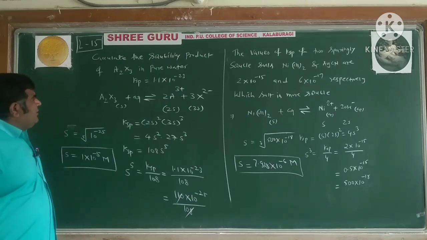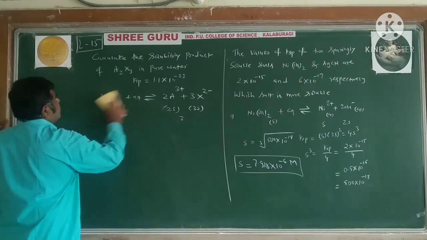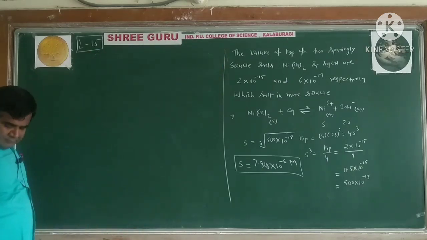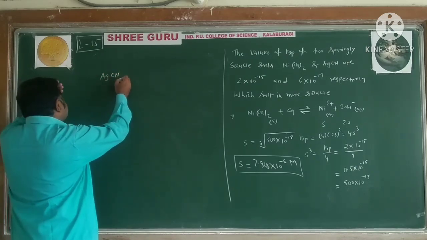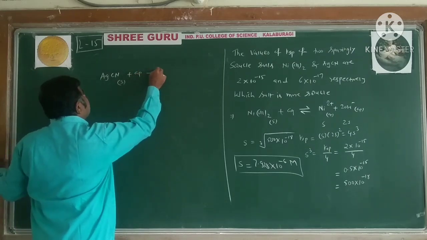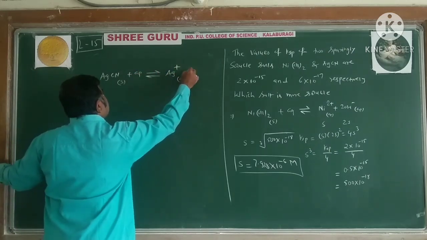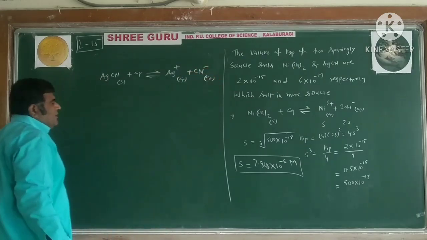Similarly, we can calculate for AgCl. AgCl in aqueous state gives Ag plus and Cl minus in aqueous state.